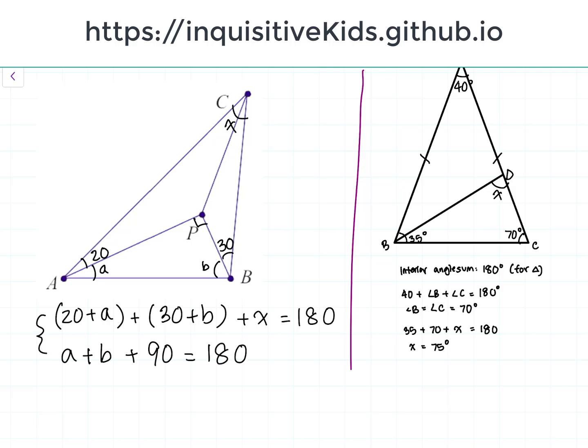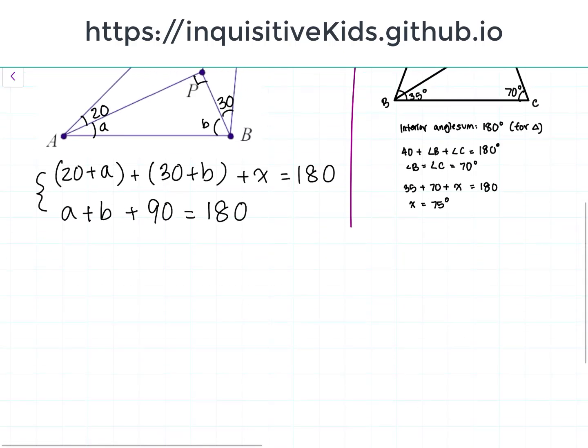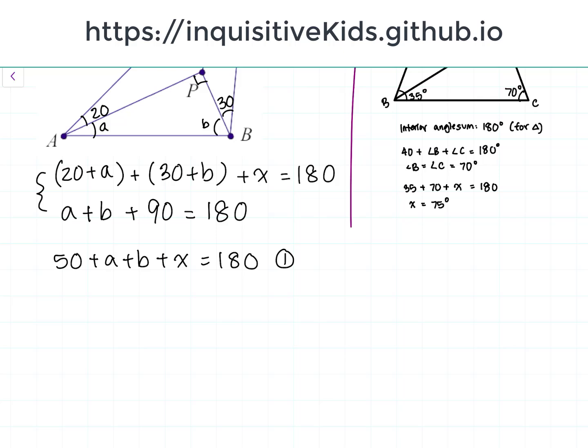So now we have two different equations to solve for two different variables. So we know that this system of equations will have to work out. Let's first start by simplifying each of these. The first one we can turn into 50 plus A plus B plus X is equal to 180 degrees. We'll call this equation 1. We'll call A plus B is equal to 90 degrees, equation number 2.